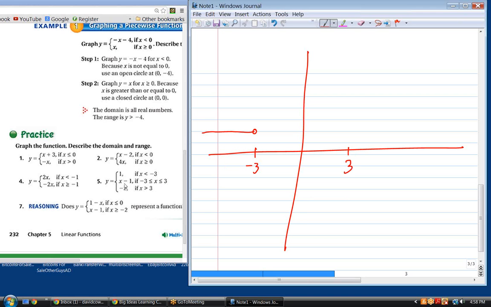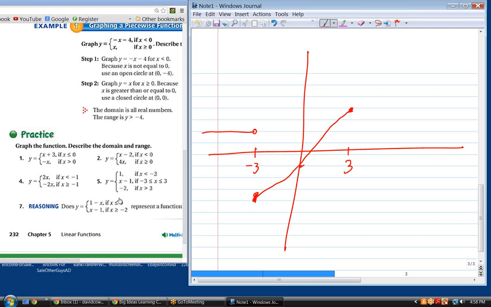it's x minus 1. Well, that's the line that has an intercept at 1. It has a slope of 1. So that is going to go from there to there. Straight line, closed circle, both ends, because it's greater than or equal, less than or equal.